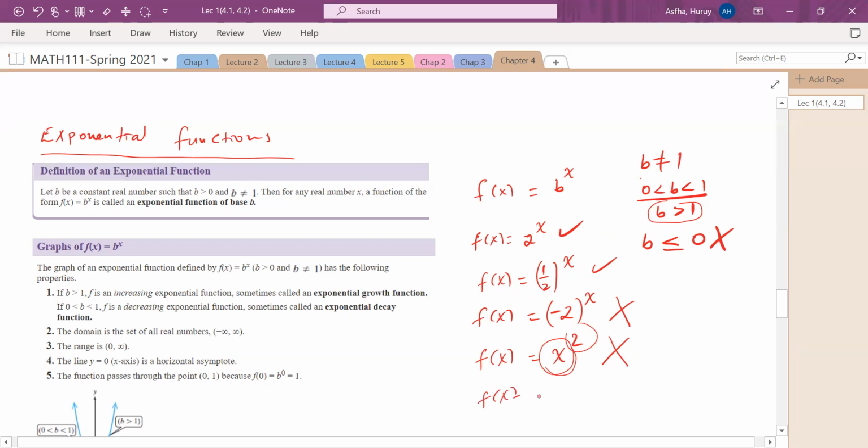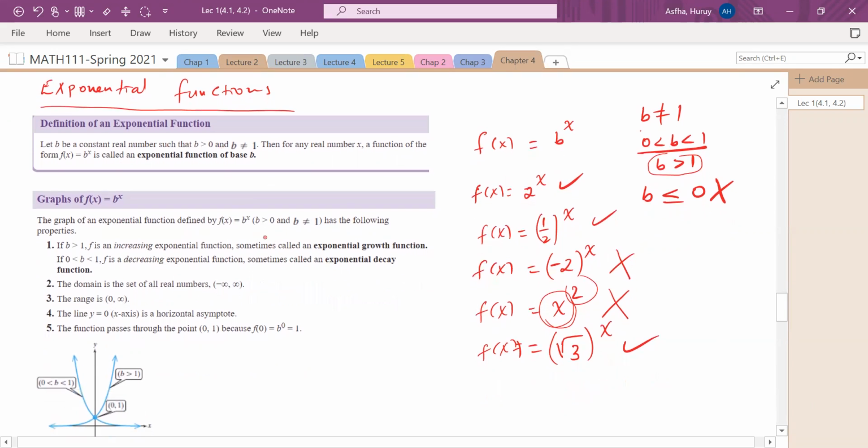F of x equals, let's say, √3 to the power of x. Well, this is an exponential function because this number is positive and greater than 1. Therefore, it is an exponential function. Okay, so these are just simple examples of exponential functions, from the definition.